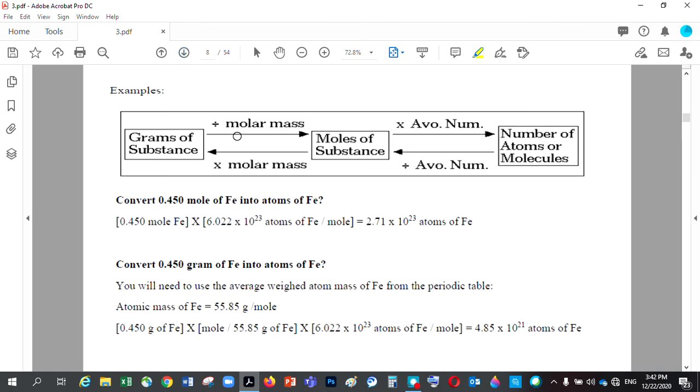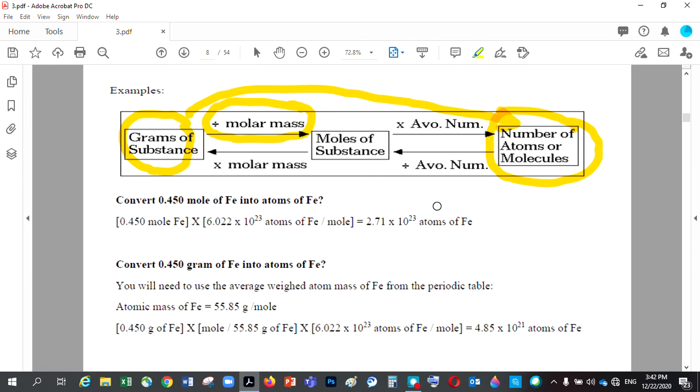I can see this one here in this diagram. If I go from grams into number of atoms, molecules, ions, or formula units, I have to go through this step. First, I have to divide by the molar mass, or atomic mass if that's an element. And then the second step is to multiply by the Avogadro number.